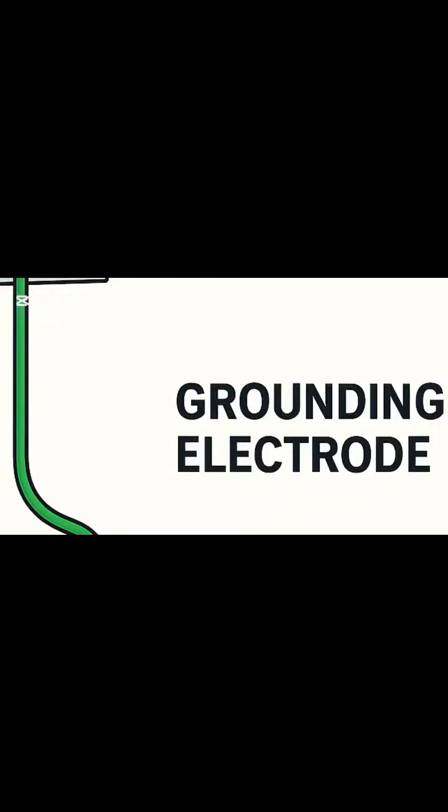First, let's clear the biggest confusion of the grounding electrode system. Rod, plates, concrete encased, whatever, does not trip breakers. It is not a fault clearing path. It is bonded, not bounded.